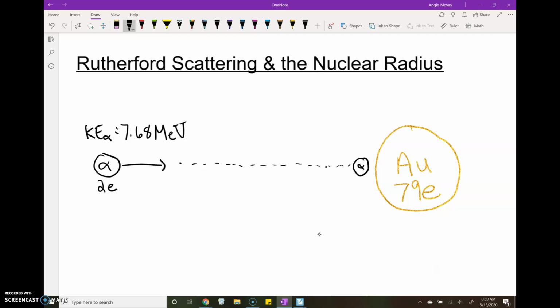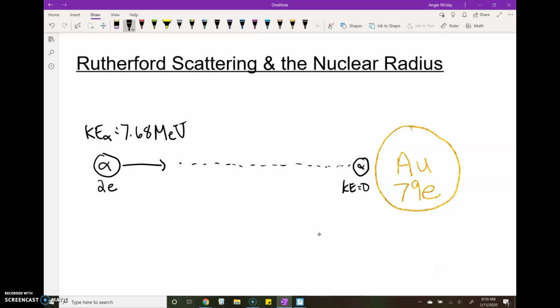So here's the alpha particle. Right at the moment that it gets as close as it possibly can to the gold, its kinetic energy is 0, right?